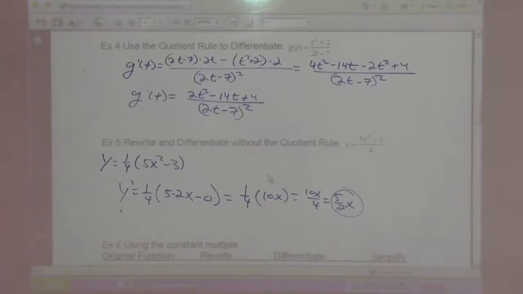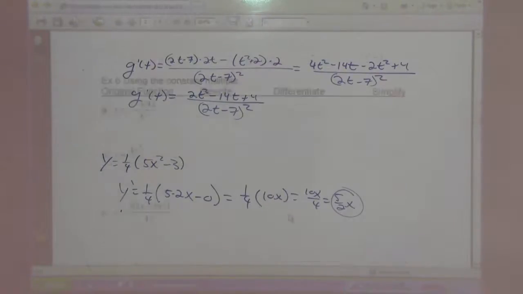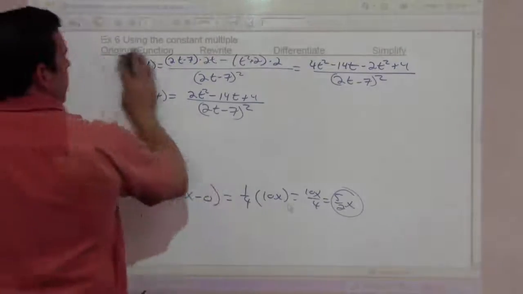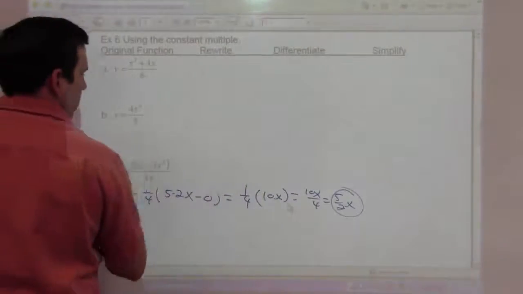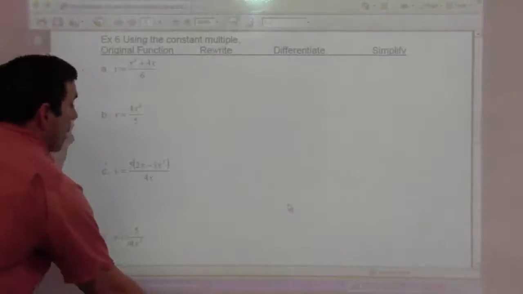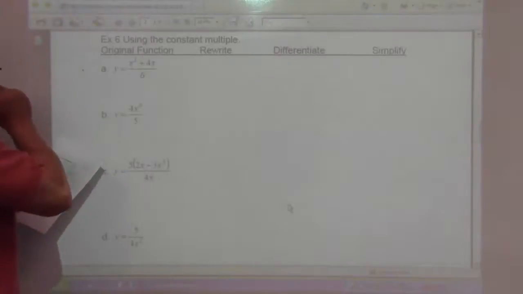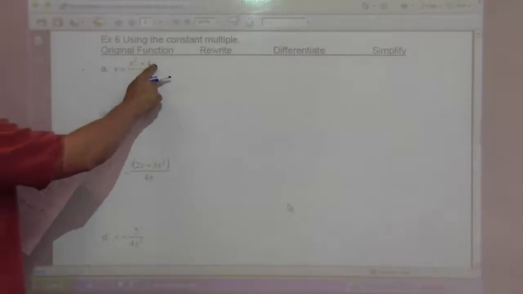Okay, go on to example 6. I'm going to scroll this up. Okay, use the constant multiple. So we have the original function x squared plus 4x over 6.